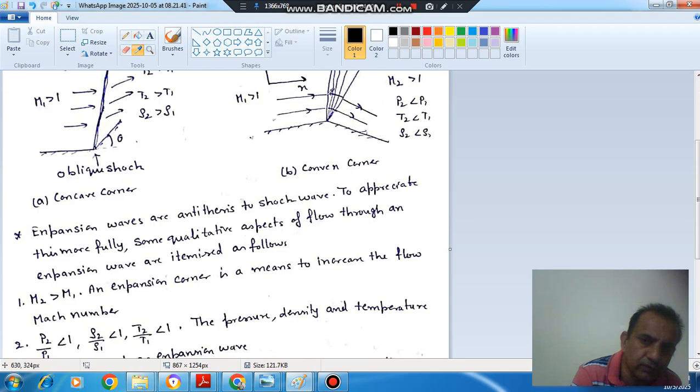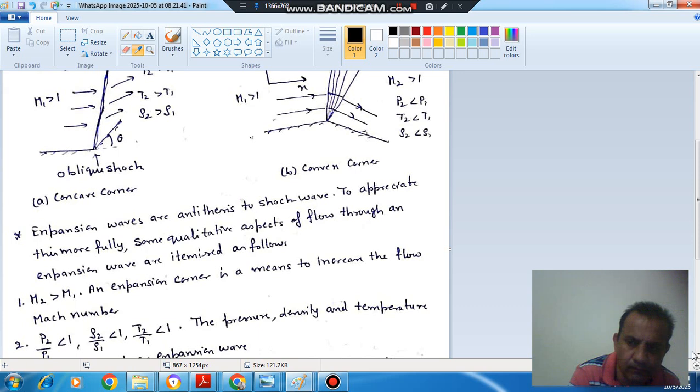This is corresponding to sine inverse 1 by M1. This is corresponding to sine inverse 1 by M2. So here we can see that there is a continuous change like this. The streamlines are curved within the expansion fan. As compared to this, here there is a sudden change. So the streamlines are curved and the flow is isentropic.